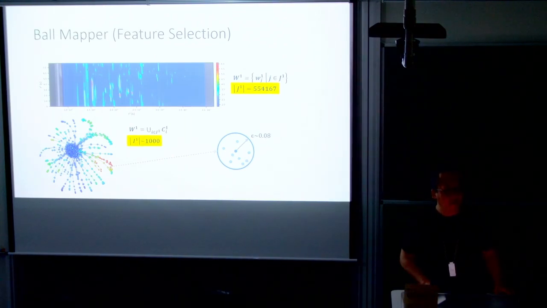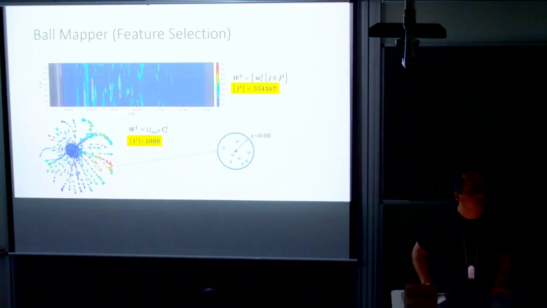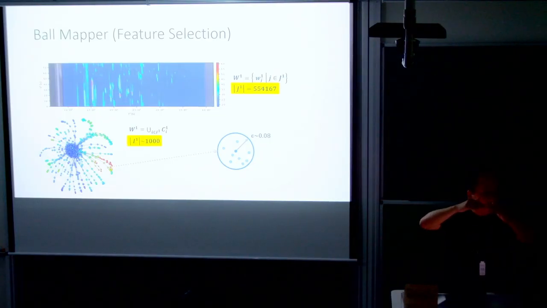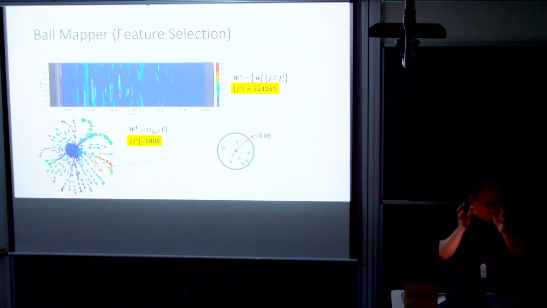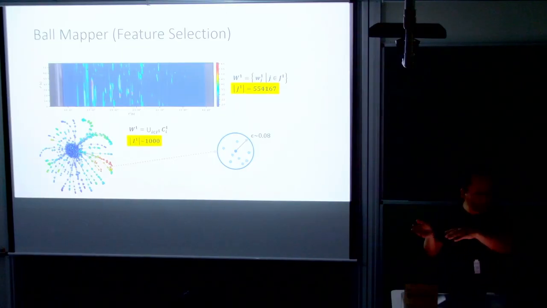I have a question regarding the ball mapper algorithm. Basically, you select a point randomly, you draw a sphere around it, and then you connect all the spheres depending on their overlap. But each sphere can contain a different number of points. How do we determine the number of points for each sphere? The algorithm measures all the distances to the other points, and you check whether the distance is larger or smaller than epsilon.